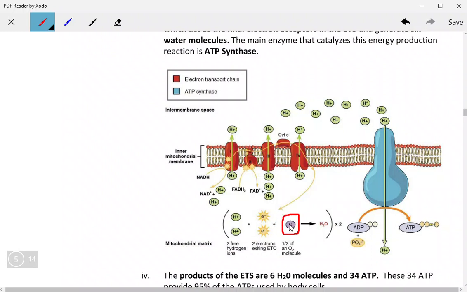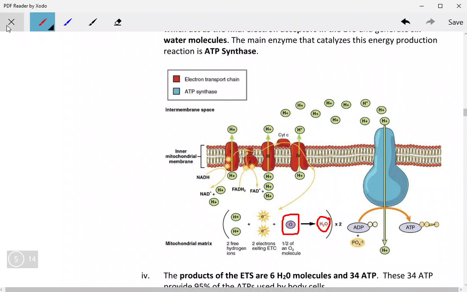Notice, oxygen is going to combine with these hydrogen electrons, these hydrogen ions, to produce water molecules. Are you following? So remember that. Oxygen within the mitochondrial matrix will be the final electron acceptor. Don't forget that.